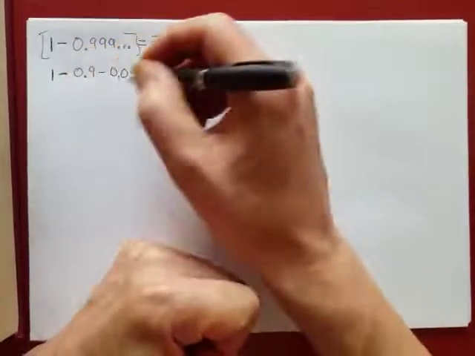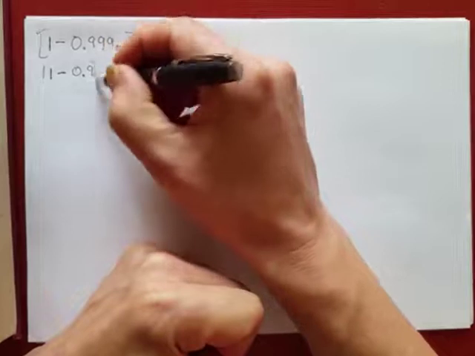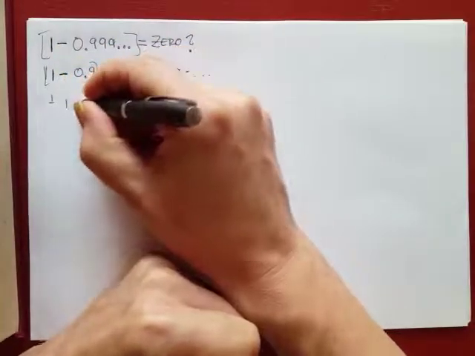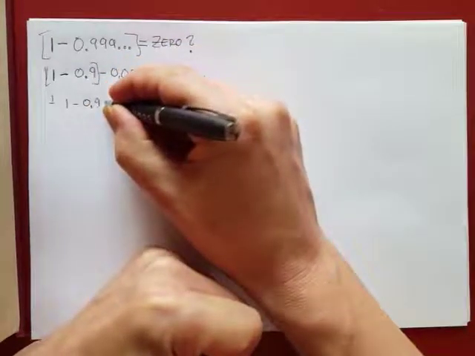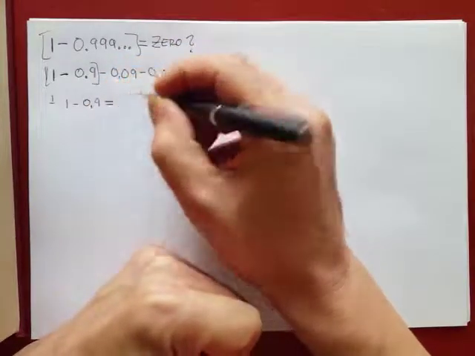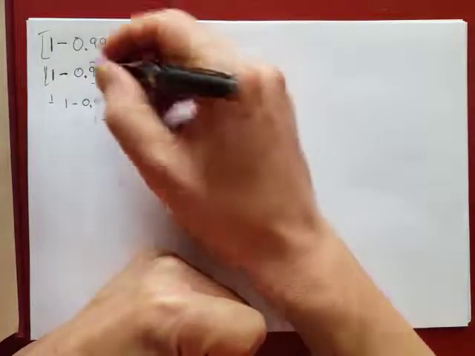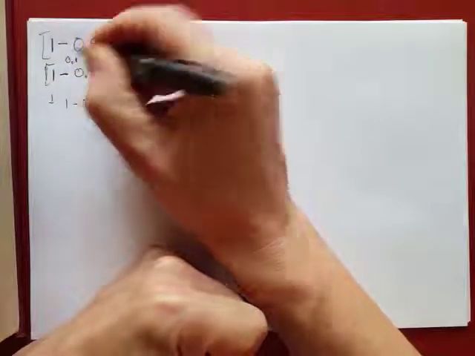And if we first take this part, then we have 1 minus 0.9, which equals 0.1. So this here is 0.1.